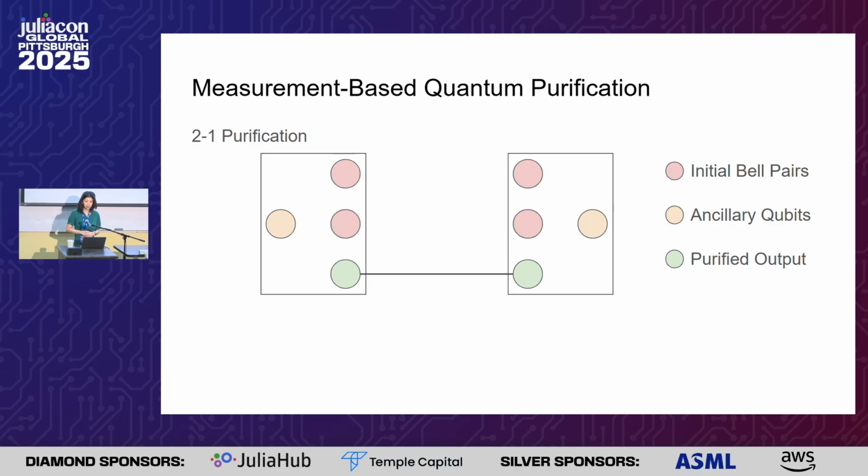After that, we can measure these qubits and apply corrections. I'm not going to get into details on what basis we have to measure them in, in what order, and what kind of corrections we have to apply, because it's not very relevant to what I want to talk about in this talk. But at the end, with some probability, we'll end up with a purified pair here.